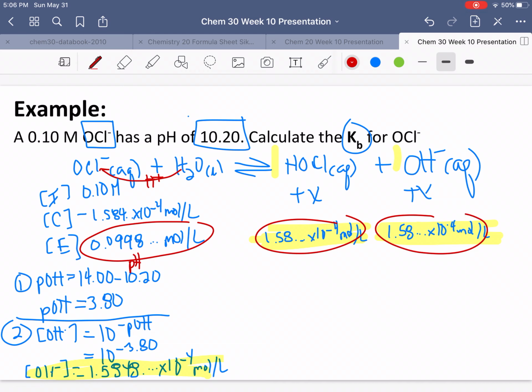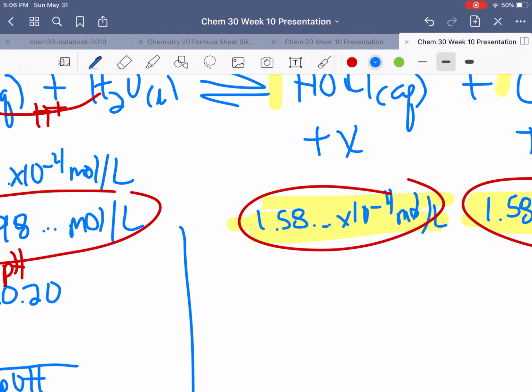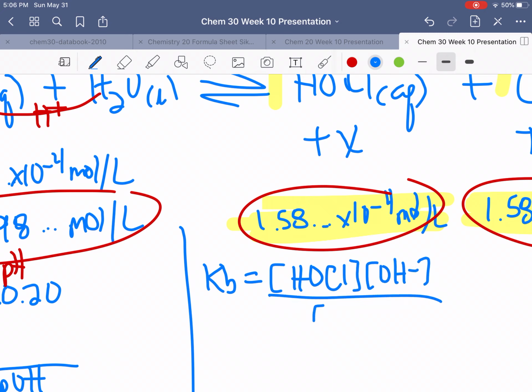If I know my equilibrium concentrations, I can in turn find the equilibrium constant. First step first though, write down that equilibrium law. This is a base, so Kb equals the concentration of the HOCl times the concentration of the hydroxide divided by the concentration of that weak base OCl negative.